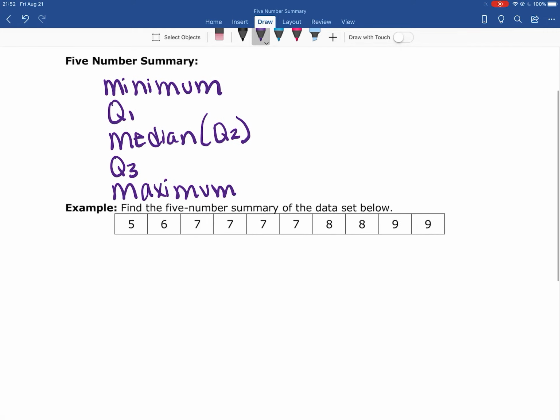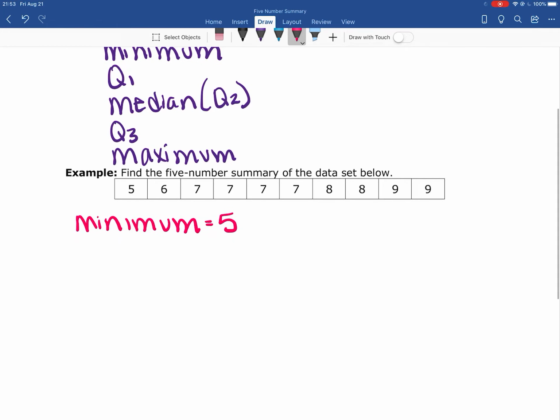So we're going to go ahead and find the 5-number summary for this data set below. I've started out pretty nice and I already put this in order for us. The minimum is pretty easy to identify. It's going to be the number 5. That's the smallest value. We'll worry about Q1, Q2, and Q3 in a second.